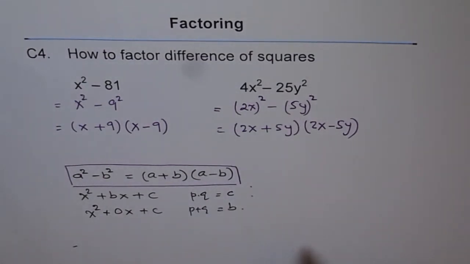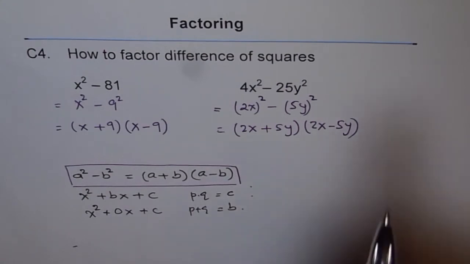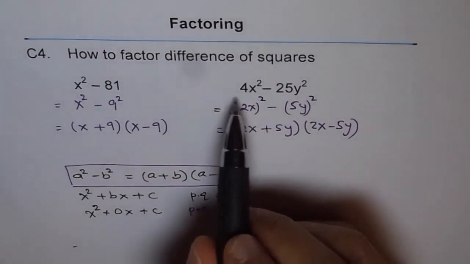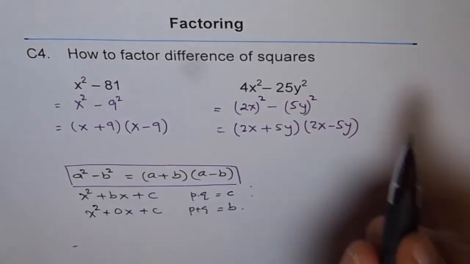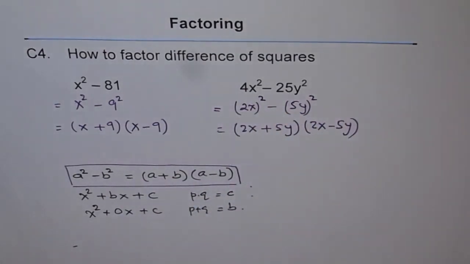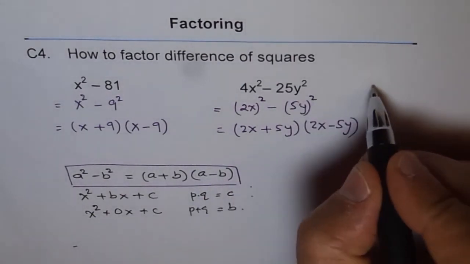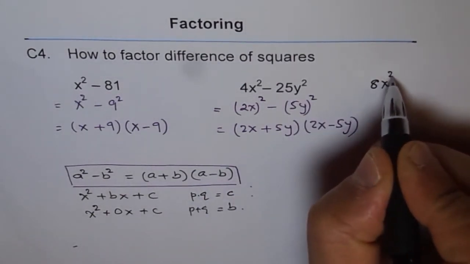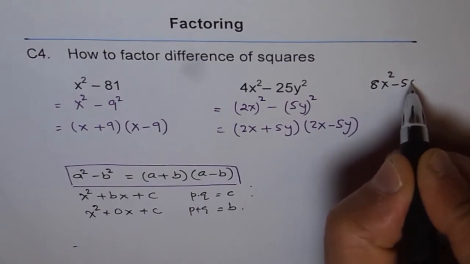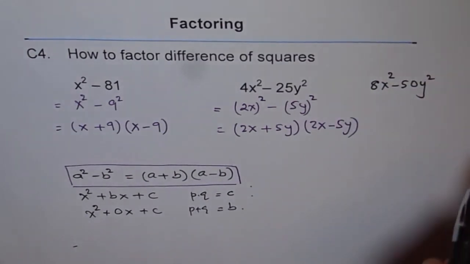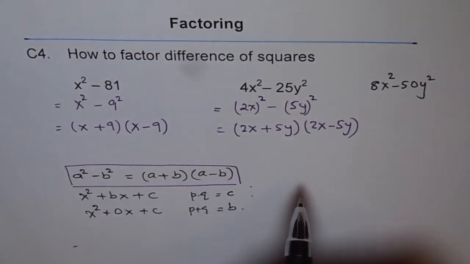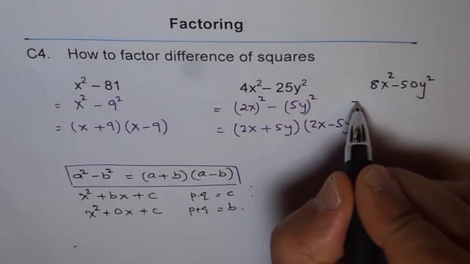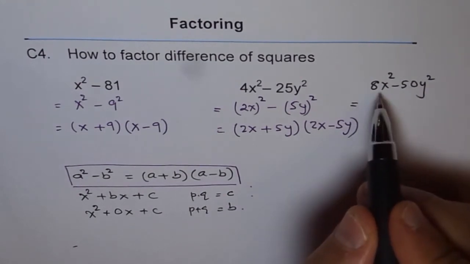Okay, there could be one more example which I'm just thinking of. Think like this. If I give you the same problem but I multiply it by 2, then I can write this question as 8x square minus 50y square. Now since you know that I multiplied by 2, the strategy should be that first I should take a common factor, right?